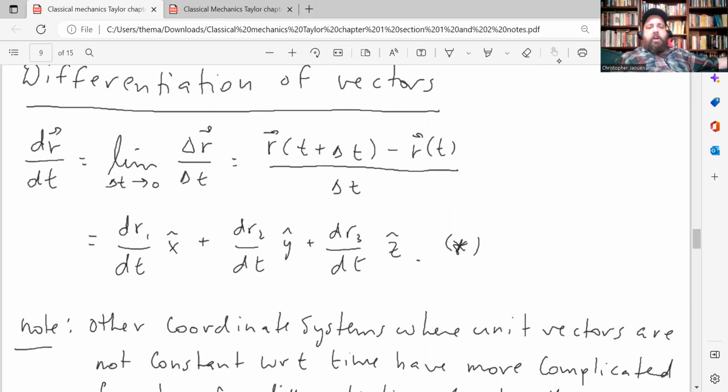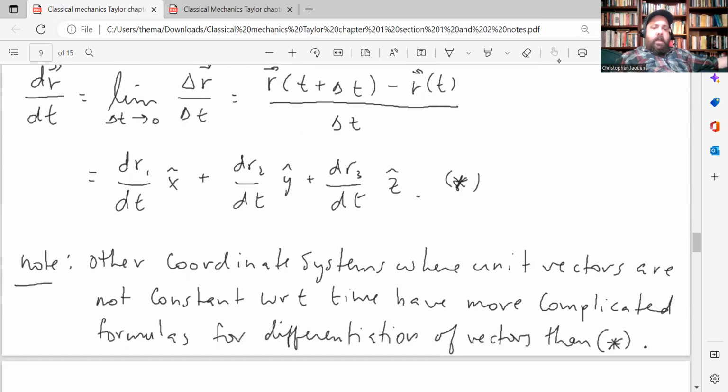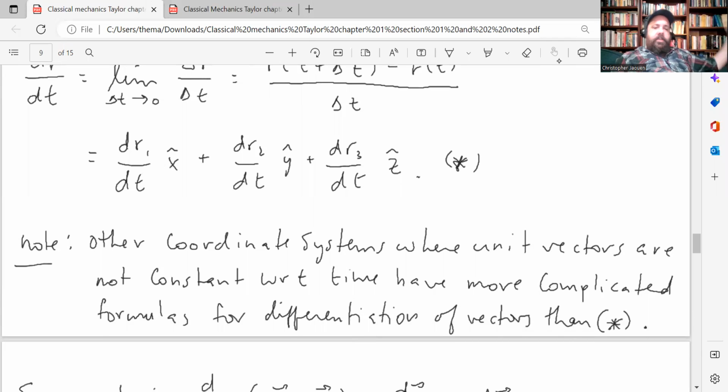So, r evaluated at t plus delta t minus r of t, divided by delta t, which is the small time interval. And it turns out that that's equivalent to just differentiating each of the coordinate parts of the vector r with respect to time. Right. And he does make a note here. The reason that this works, let me get my pen out again.